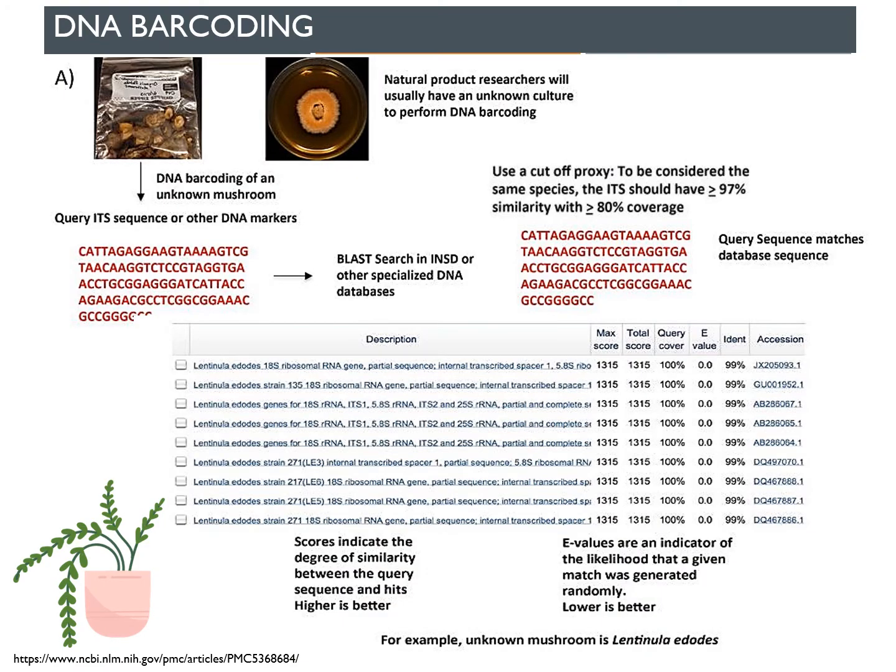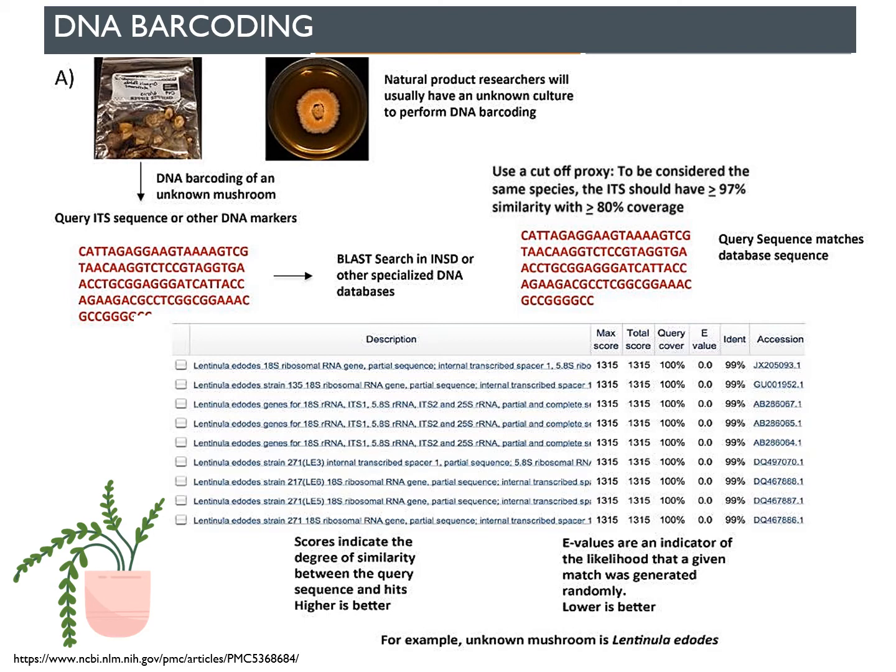For DNA barcoding, if you would like to identify your unknown fungal sample or specimen, the first thing is you will need to extract the DNA to get the genomic material. In this case, this publication gives an example of an unknown mushroom, and they are going to perform DNA barcoding using either the ITS sequence or another DNA marker.